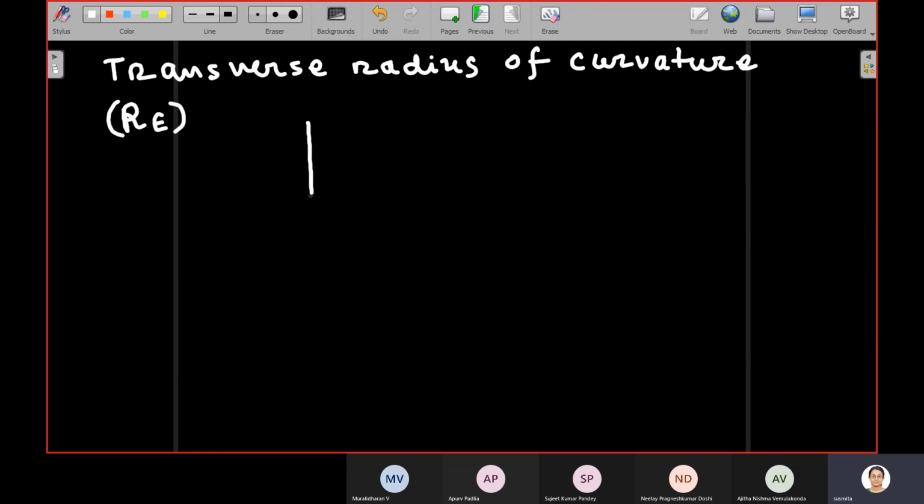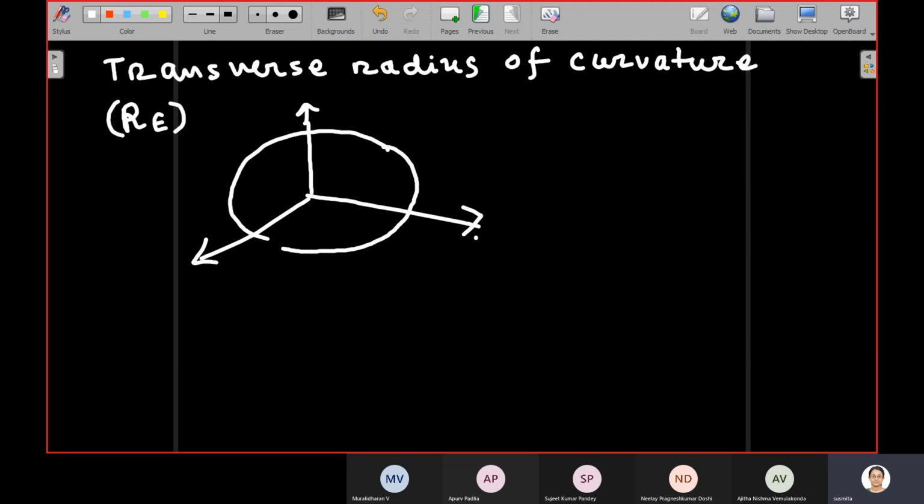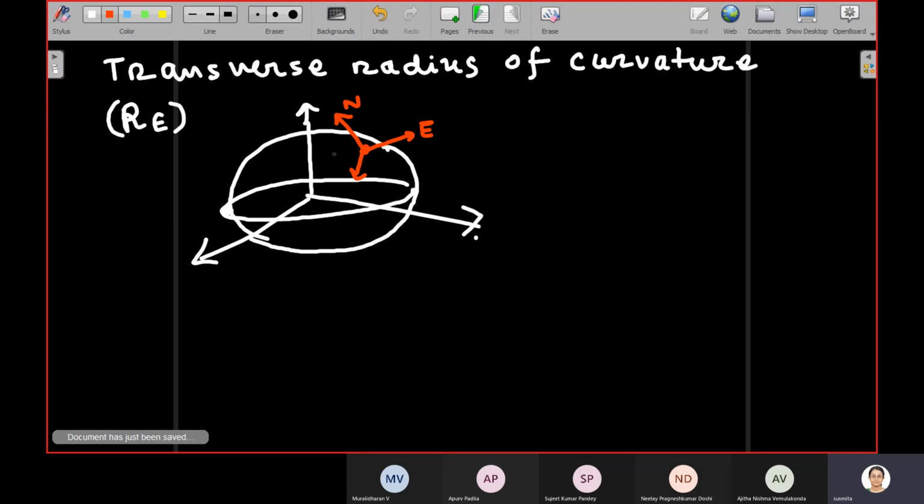So we have the ellipsoid. This is the point. This is north. This is east. This is down. Earlier we took a section in the north down plane, meaning the plane contains the north and down axis.